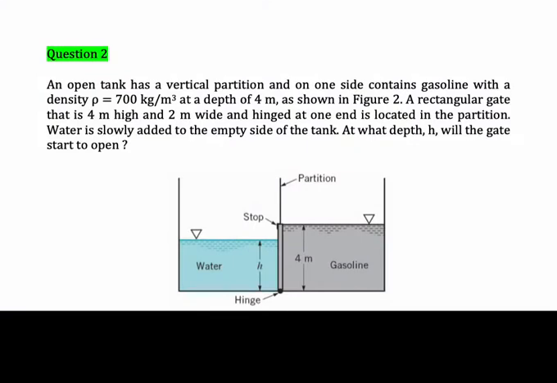So in this question, what you need to understand is we have two fluids and these two fluids share the same gate. But we need to calculate two resultant forces: one from the gasoline and another one from the water. When you calculate the resultant force from the water, you need to consider the submerged area for water only.